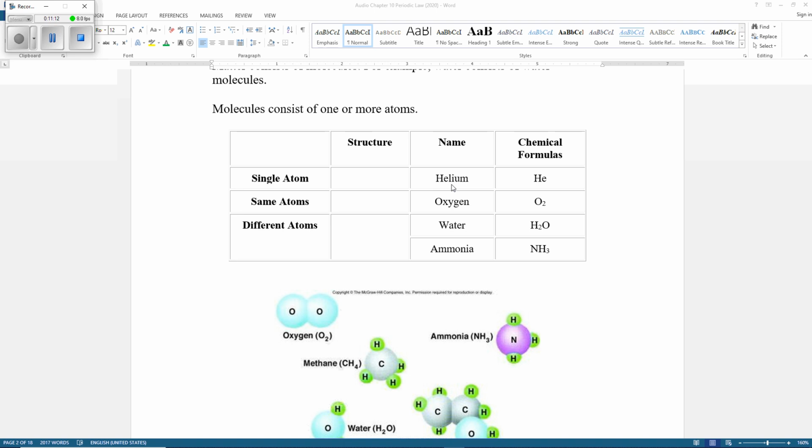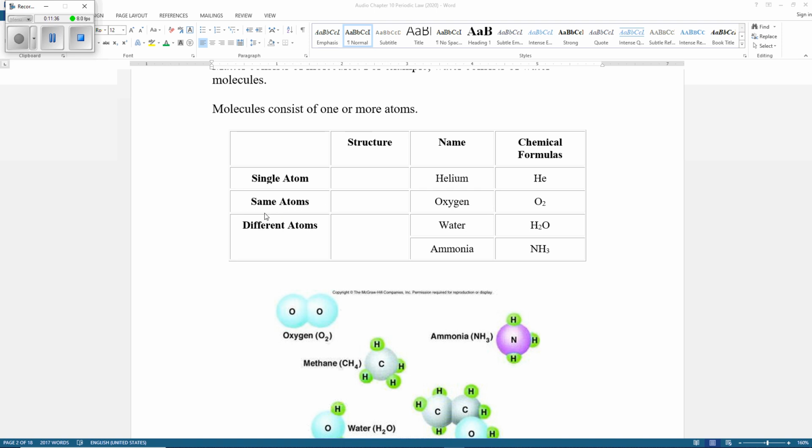We call them the inert group, the noble gases. Like neon, they stay alone. So one atom equals one molecule, and the chemical formula is He, because there is only one.